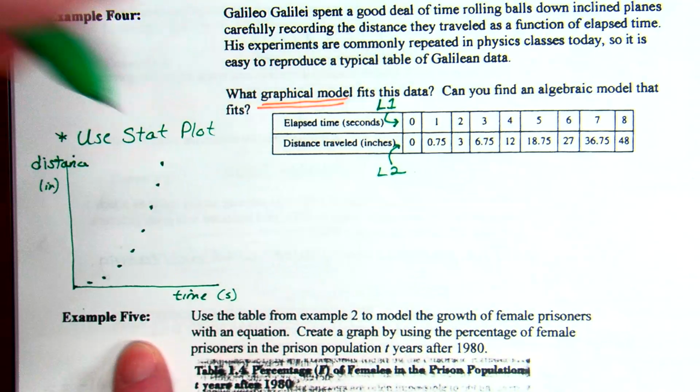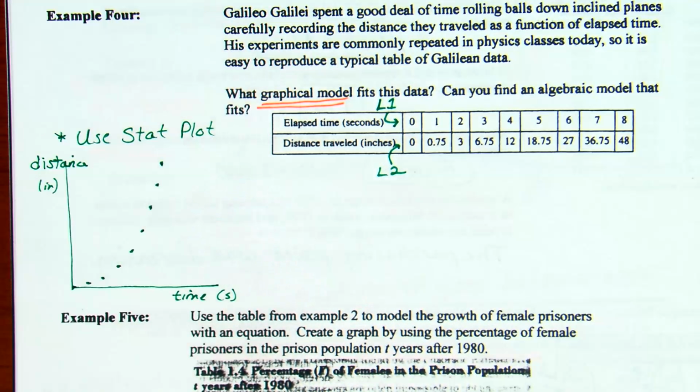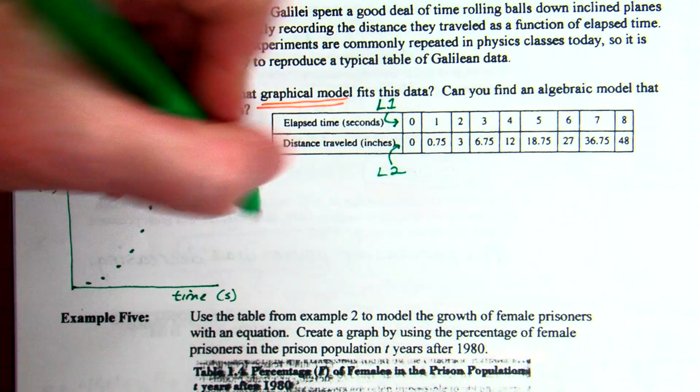Now, I'm not going to go fancy and put any values here, but I'm just going to kind of show you that's what you're seeing in your calculator right now, is dots that form an approximate parabola. Okay.